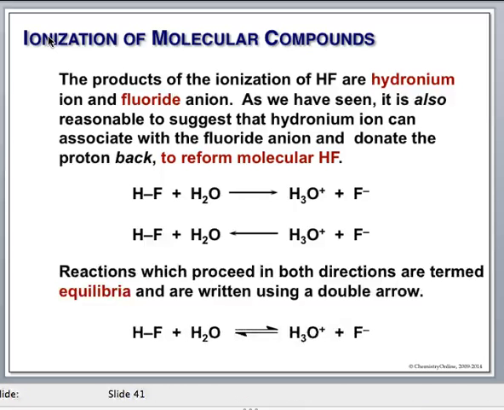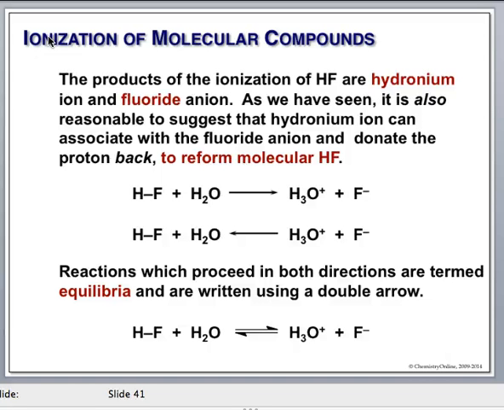This type of reaction is called an equilibrium. In an equilibrium, we have a reaction that goes this way and that way. The two reactions are distinct chemical reactions. This is ionization. This is going back to form our HF.